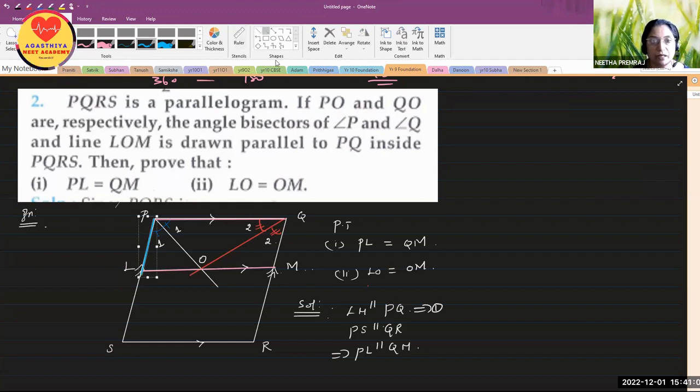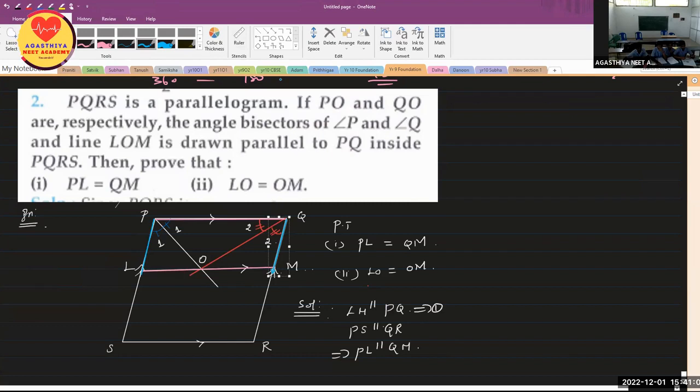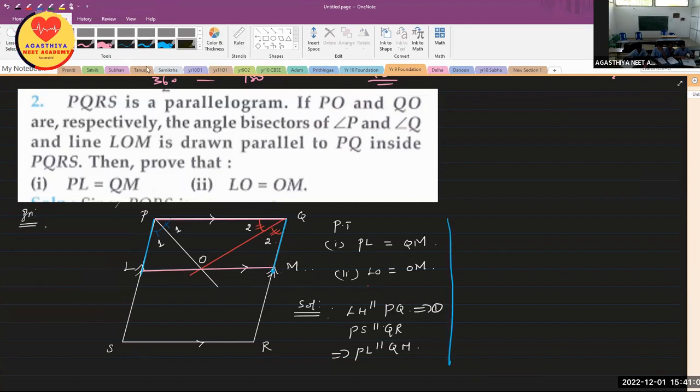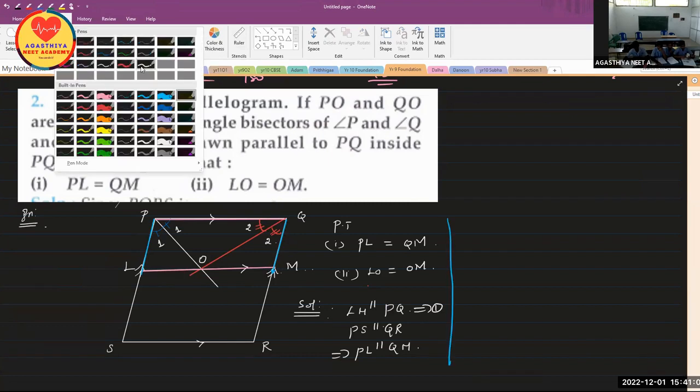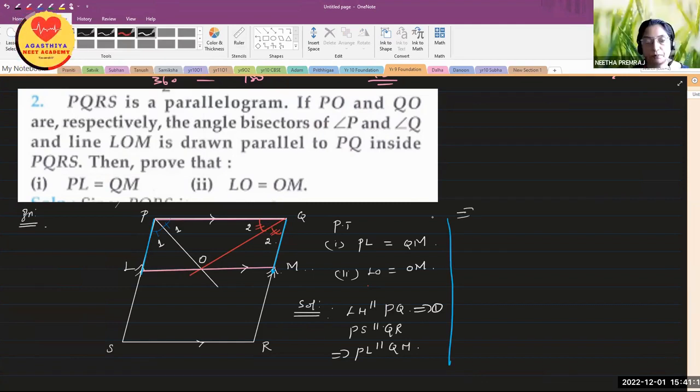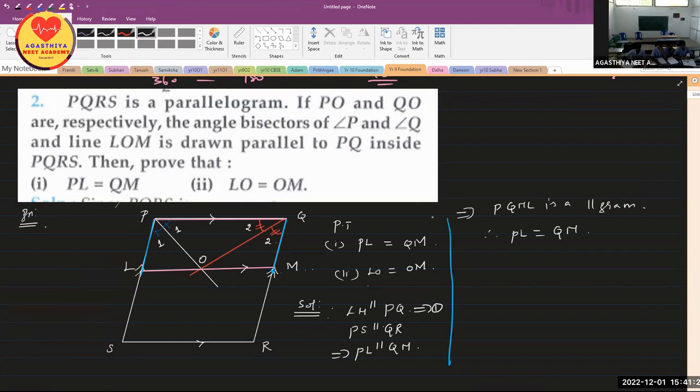So it must be a parallelogram, right? Which implies PQML is a parallelogram, correct? Therefore, PL is equal to QM. Opposite sides are parallel and equal, isn't it? So one thing we proved.